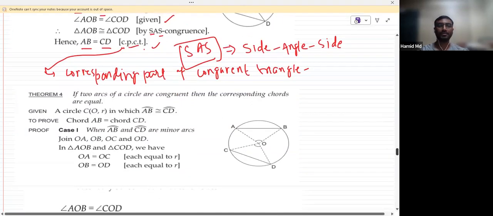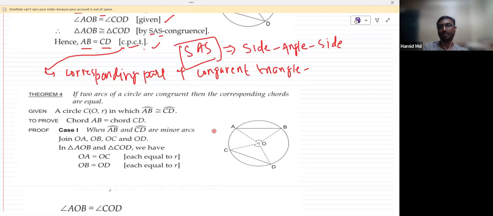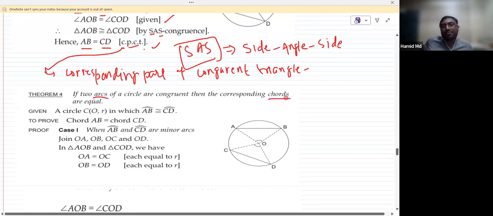Now, another theorem: if two arcs of a circle are congruent, then the corresponding chords are equal. Now, there is one word, arc, and another word, chord. So which one is arc and which one is chord?